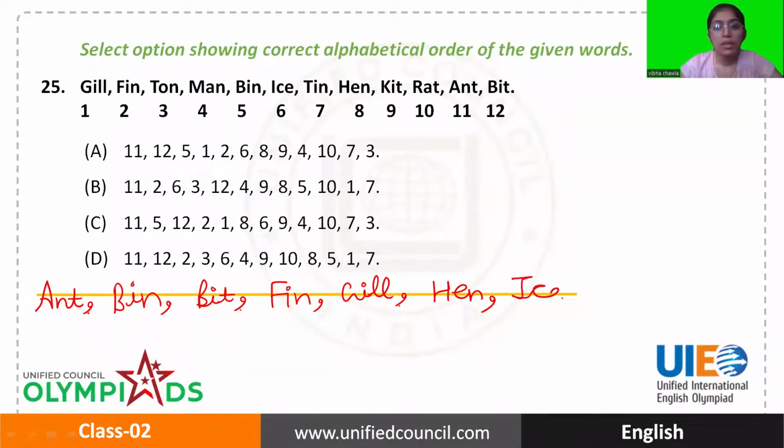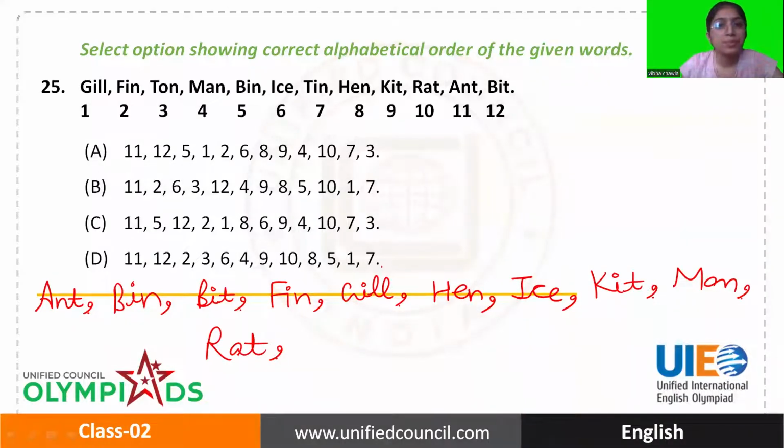I, eyes. J is not there, then K is there, kit. K, L, M for man is there. M, N, O, P, Q, R is there, rat.